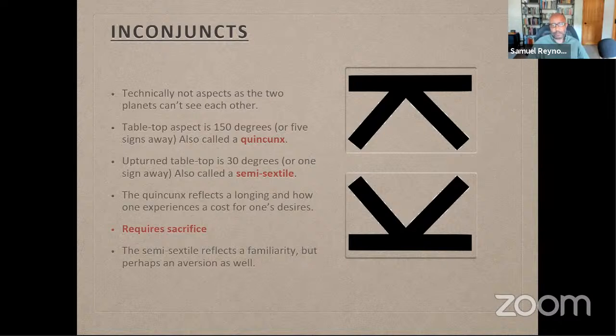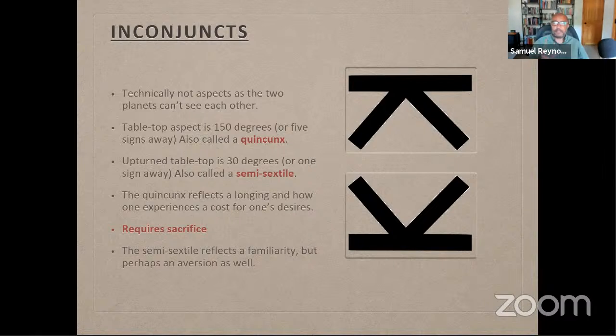Also, the 30 degree aspect is called the semisextile. And I talk about the inconjunct or the quincunx in general, reflecting how we have a sense of longing and how one experiences a cost for one's desires in general. Astrologers usually talk about the quincunx as related to an adjustment, but I wanted to be more specific. It's an adjustment where you desire and want one thing, but you're experiencing a certain level of hardship or cost in another way.